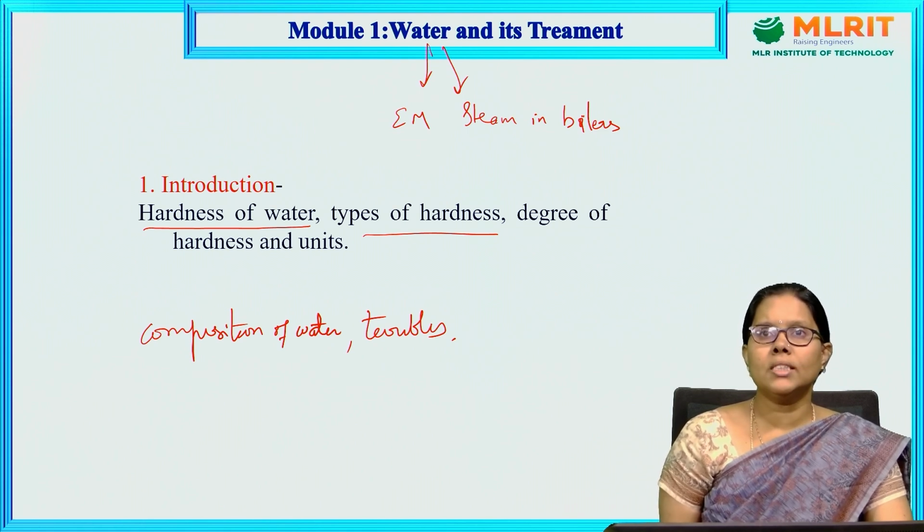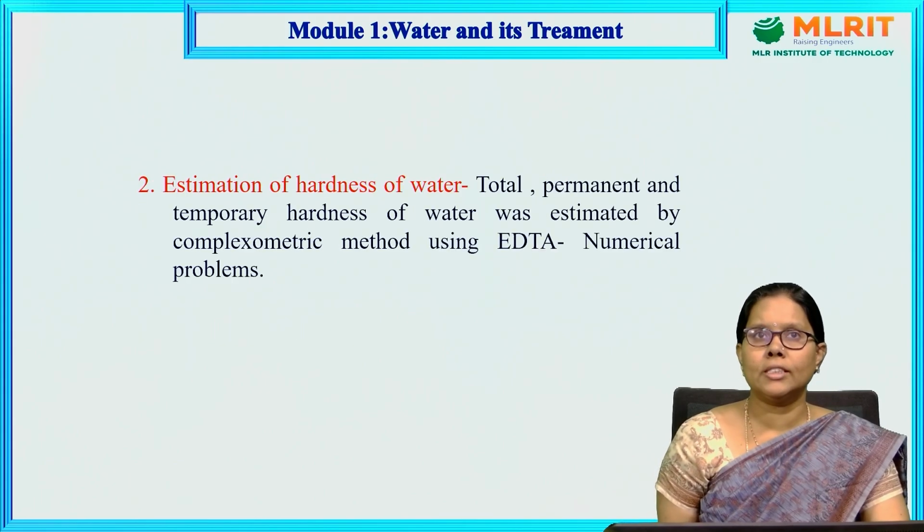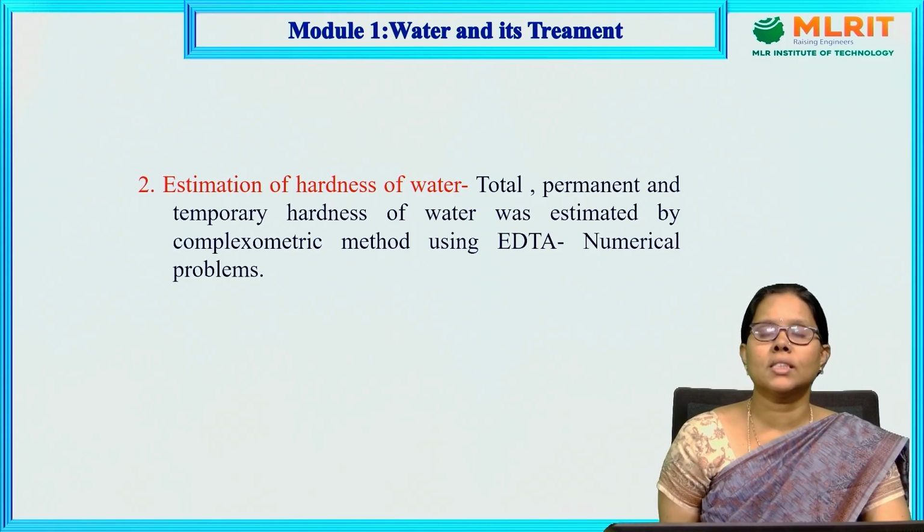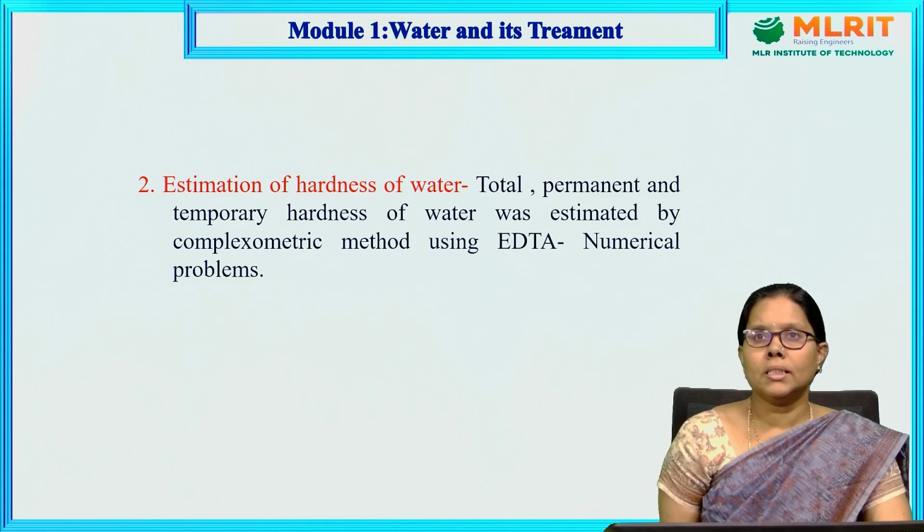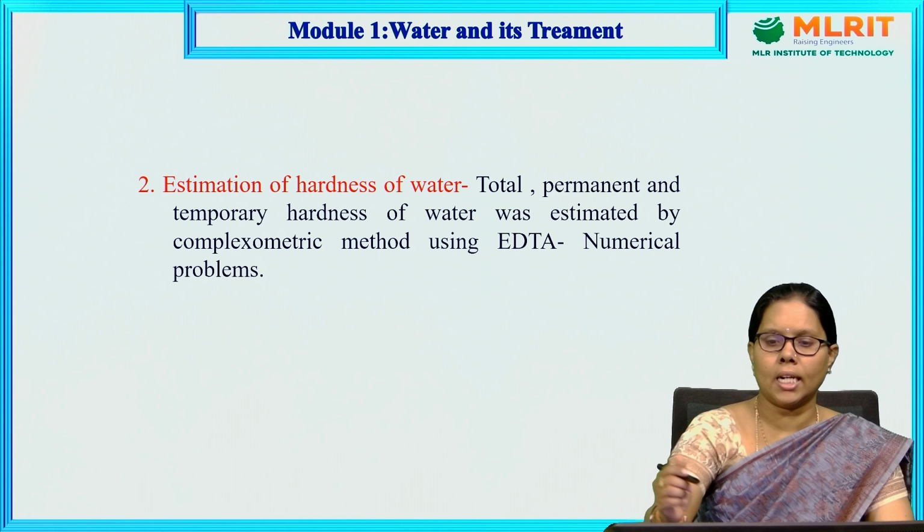What are the different scales? In each and every country, they measure the water in ppm, milligrams per liter, degree French and degree Clark. So it has different units. The next topic is estimation of hardness of water. We are going to determine the total hardness, temporary hardness and permanent hardness.